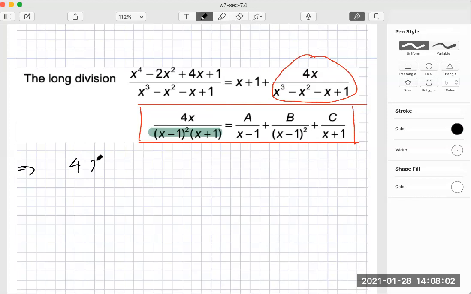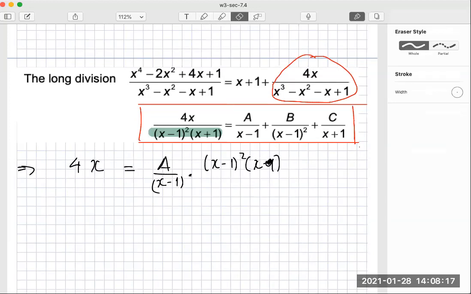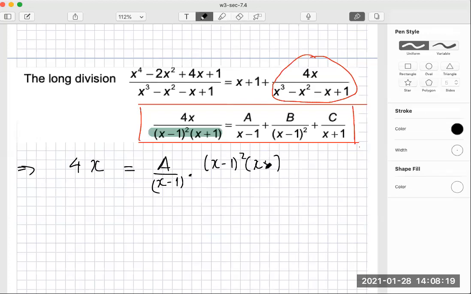Yeah, the left-hand side is 4x. The right-hand side will be a multiplied with the whole denominator here, x minus 1 squared times x plus 1, divided by the same thing. Oh yeah, plus b, sorry.